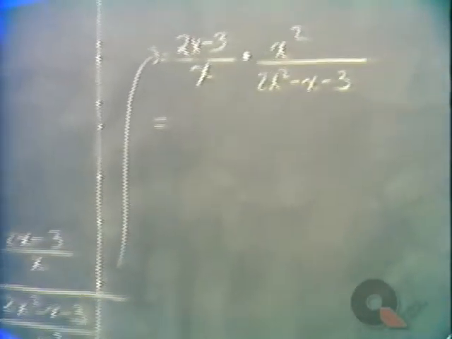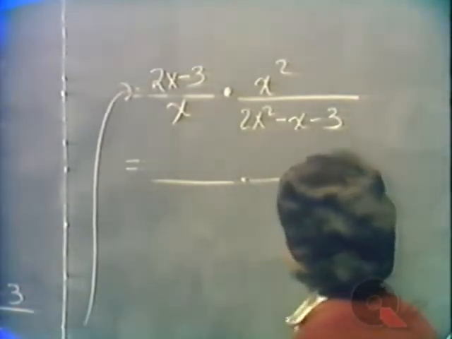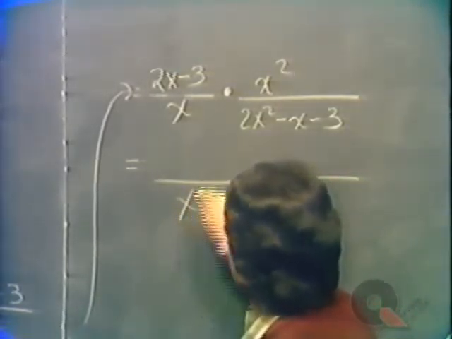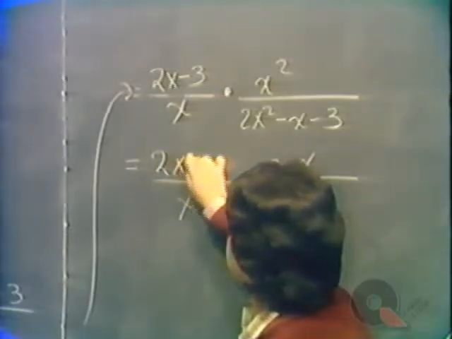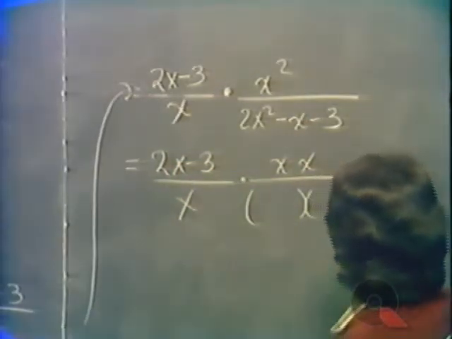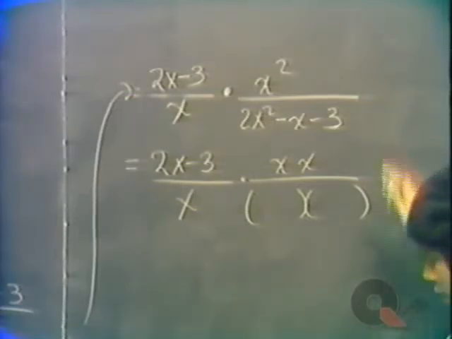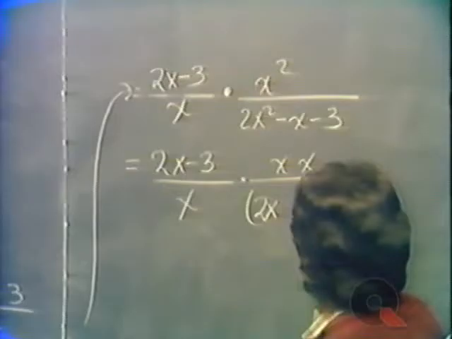Okay, and now we look to see if we can factor these numerators and denominators completely. This is x. X squared is x times x. This is 2x minus 3. And with a little work, you can factor this trinomial into 2 binomials, 2x and x.